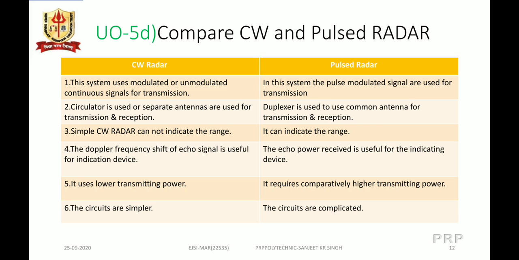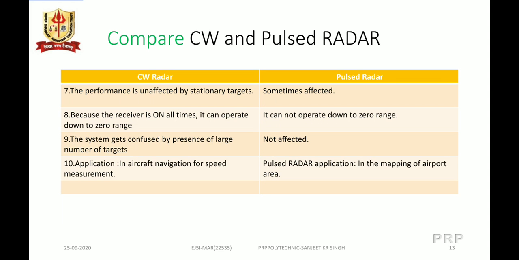Continuous wave radar makes use of lower transmitting power, whereas pulse radar requires much higher transmitting power. The circuits are simple in continuous wave radar, whereas a somewhat complicated circuit is used in the pulse radar system. The performance is unaffected by stationary targets in continuous wave radar, whereas in pulse radar it is sometimes affected.